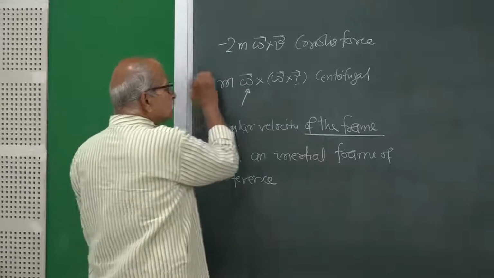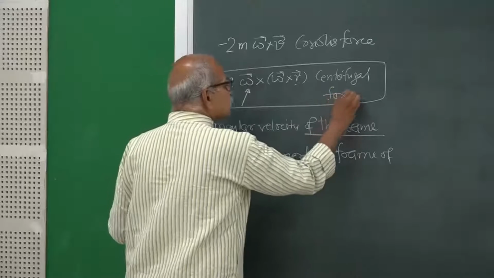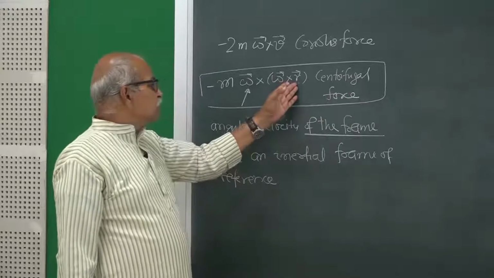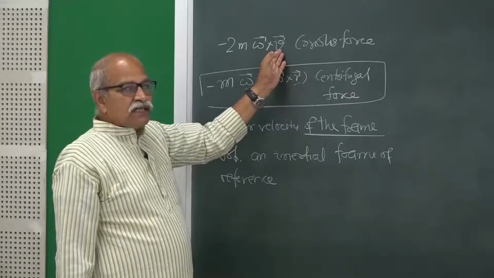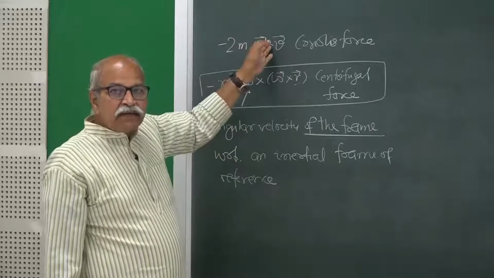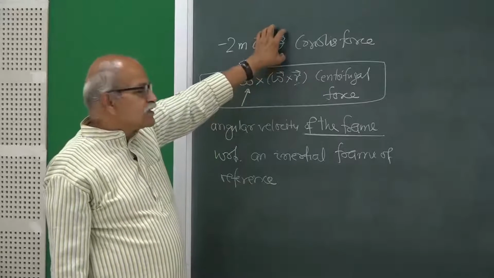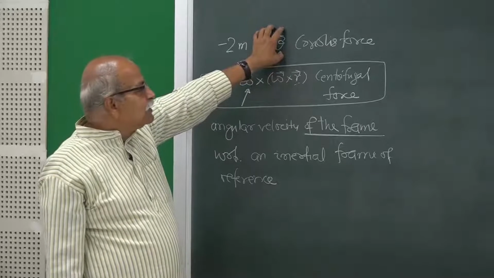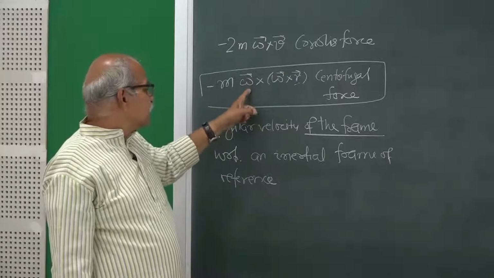Now, this centrifugal force depends only on the position and not on the velocity, and this depends on the velocity. So, if the velocity of the particle is 0 in the rotating frame, then you do not need to consider this Coriolis force, and only centrifugal force you have to work. We have assumed that omega is not changing with time.